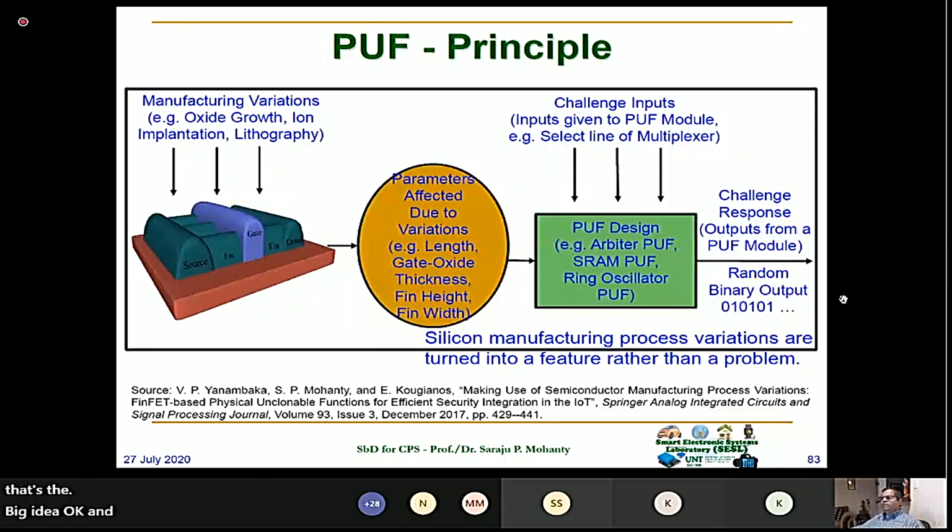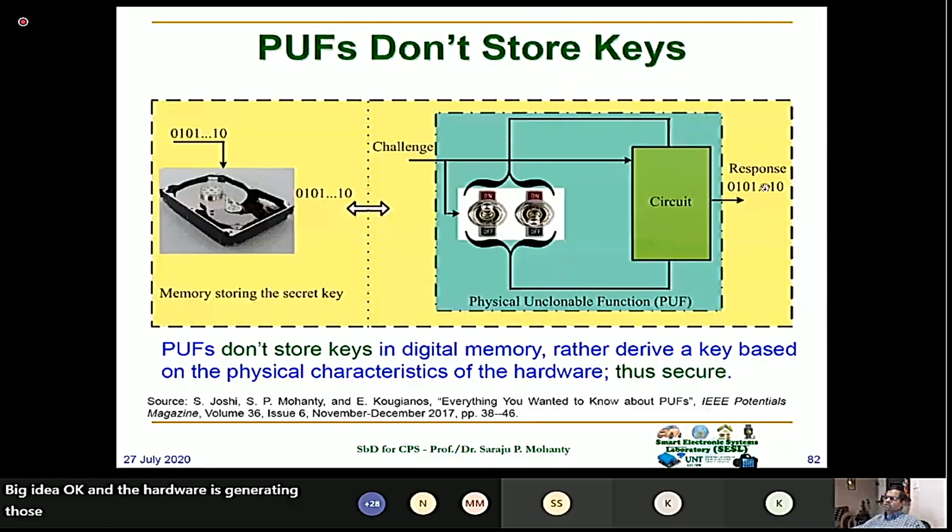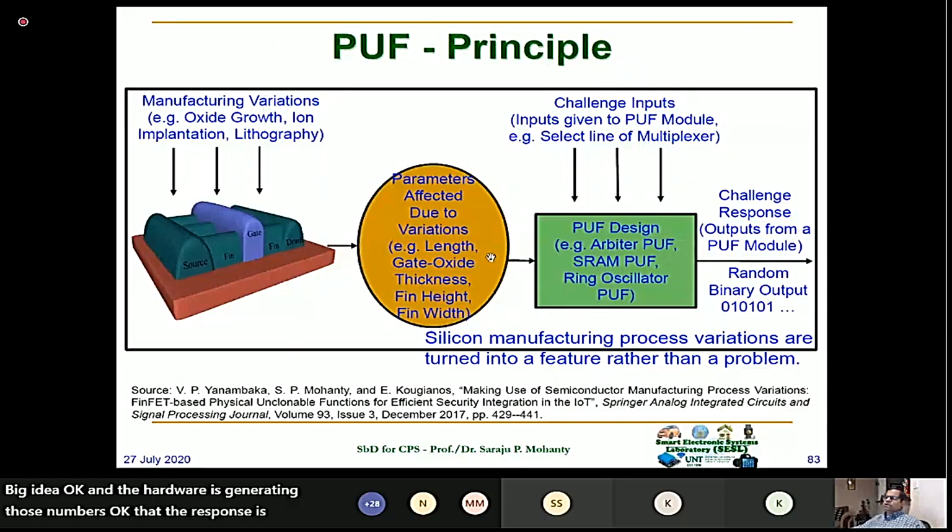And the hardware is generating those numbers, those responses, because of the nanoelectronic process variation underneath. I was working on this area around 10 years ago, and several students graduated in this area. I was doing nanoelectronics, so I understand the underlying details here. I remember we were modeling process variation coming from channel length and oxide thickness, all these things.